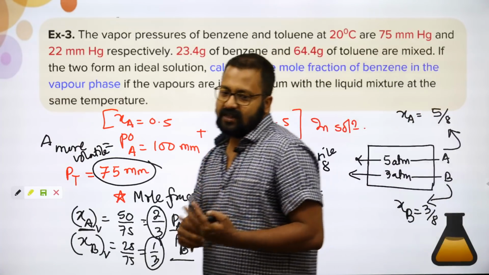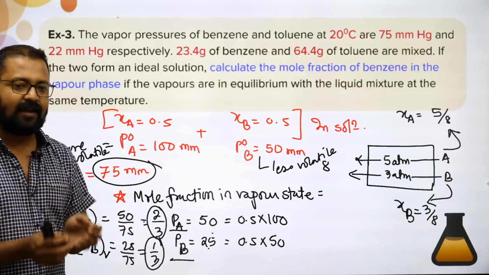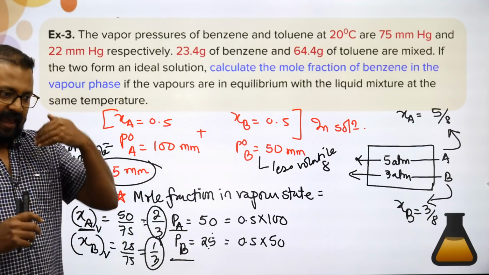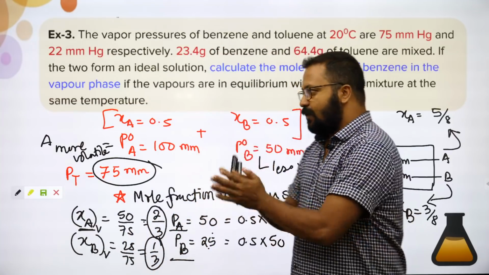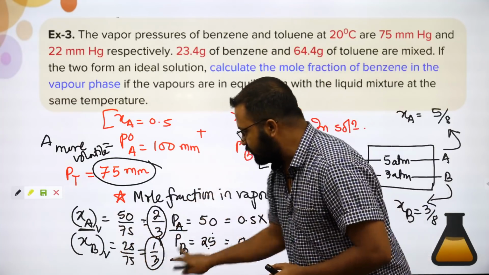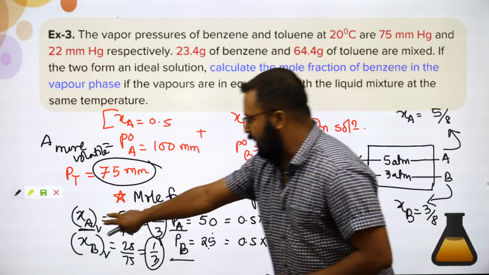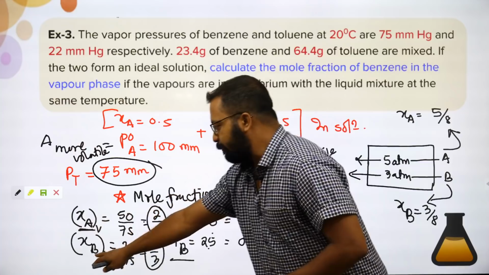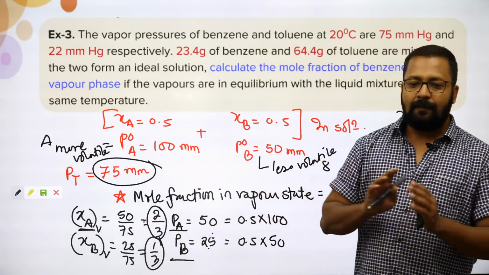So from common sense, I can say that if I mix A and B, A being more volatile should produce more vapors as compared to B. That is also observed mathematically. Even if we take equal amounts of them, A is producing more vapors, B is producing less vapors. So that is also proved mathematically.